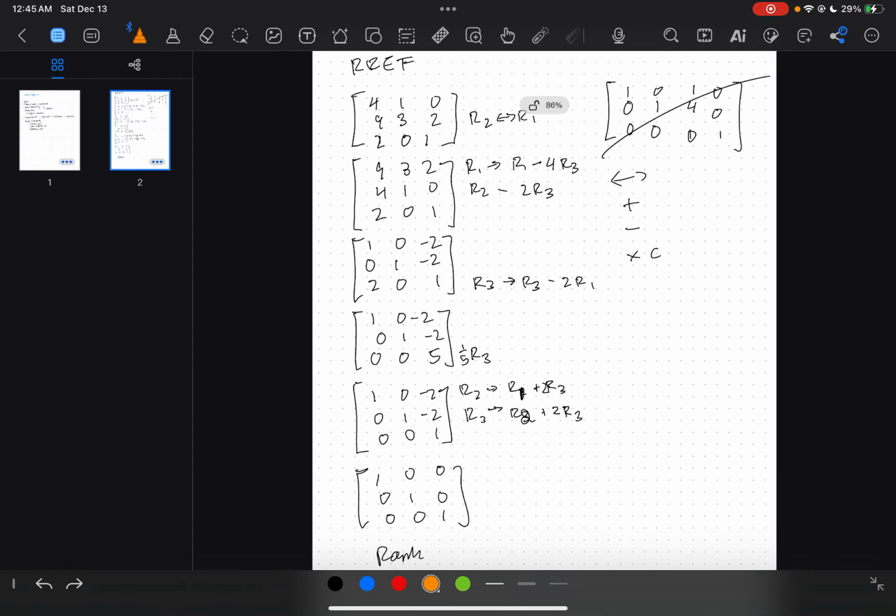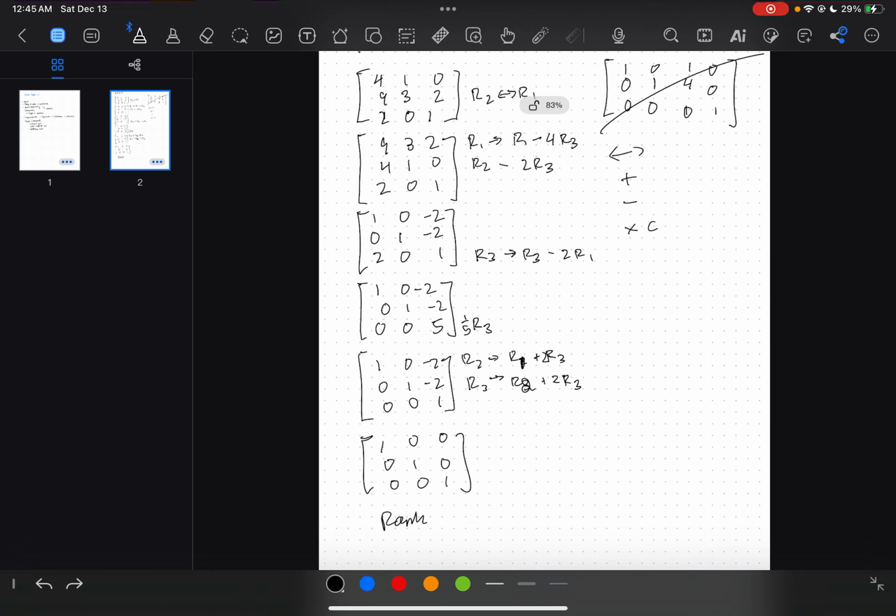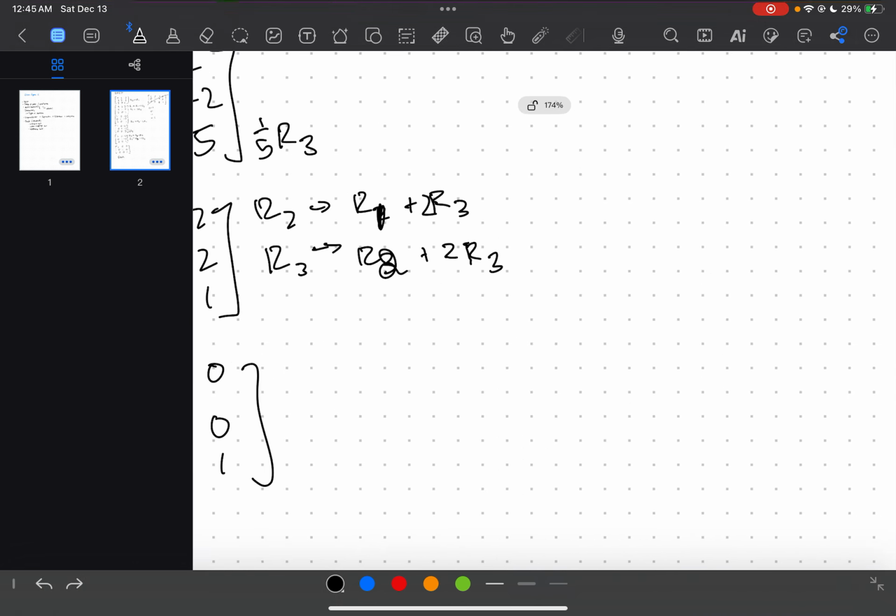But yeah, this is very important. Grind these problems out because they're used in determinants, they're used in solving matrices.